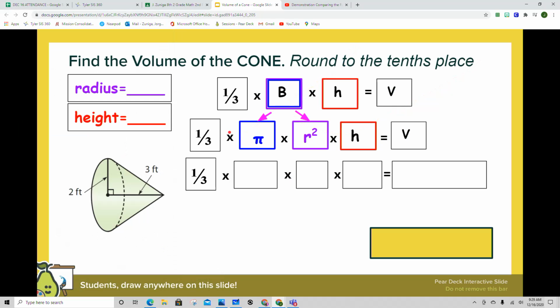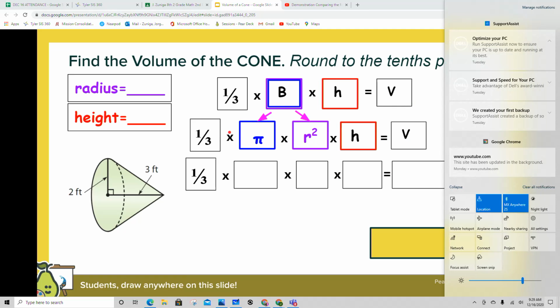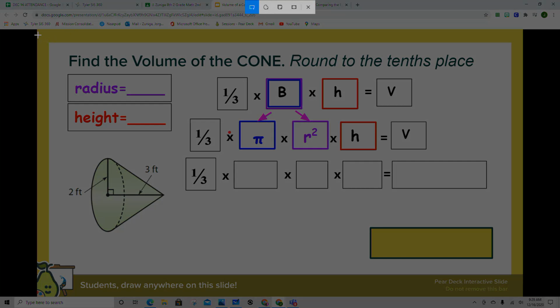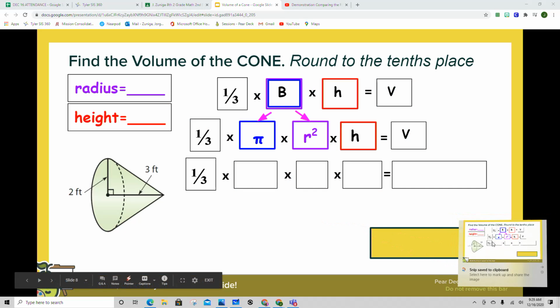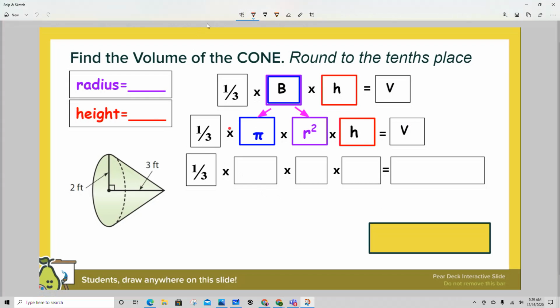All right, in this example, we do have a cone that has been tipped over on its side. Okay, so what you want to do in a situation like this is you want to find the circle, because once you find the circle, you know that that right there is the radius.